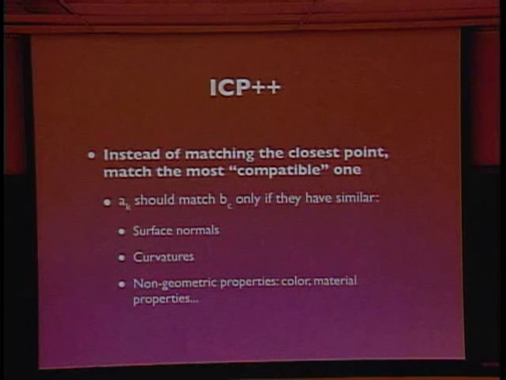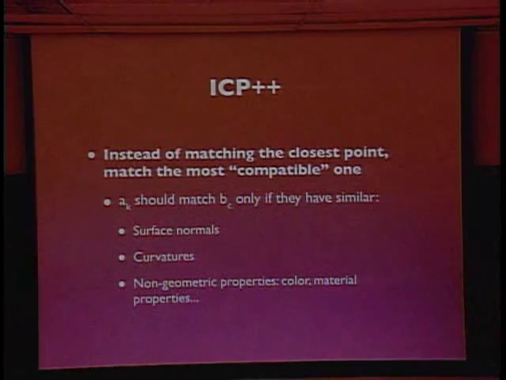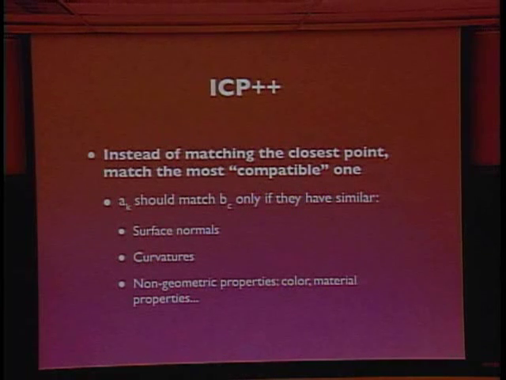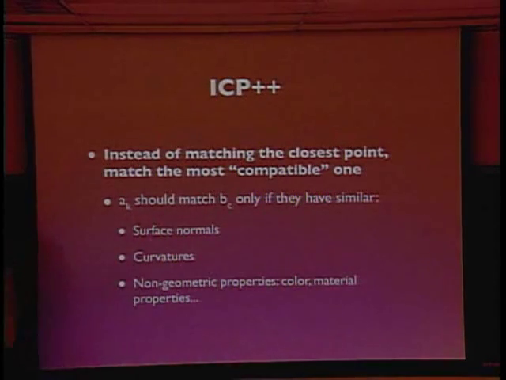Right. So the problem of outliers and the problem of finding correspondences can be thought about as finding a point on the other surface. So for every A sub k, finding a point B sub c that it's compatible with. Not just that the B point is close spatially to the A point, but that they are compatible in some way, that the local surface shape or the local surface characteristics look similar between those corresponding locations.